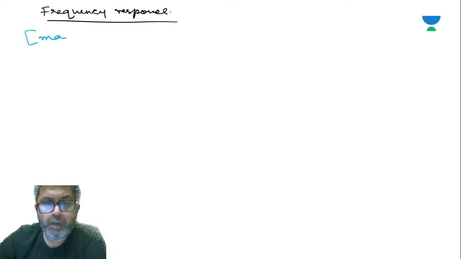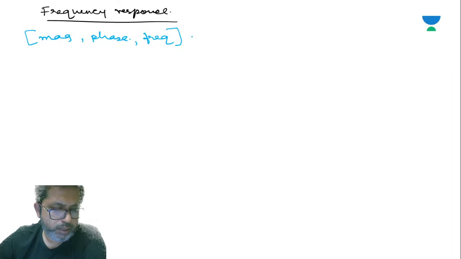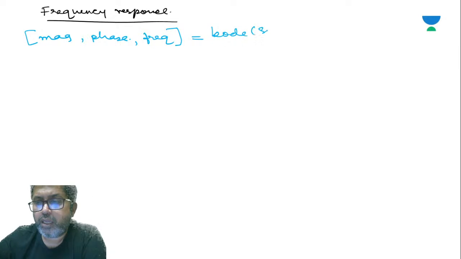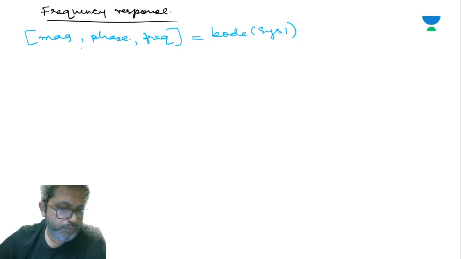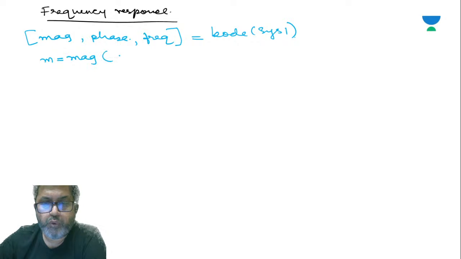We have learned magnitude, comma phase, comma frequency is equal to bode system. M is equal to magnitude, all rows and column.